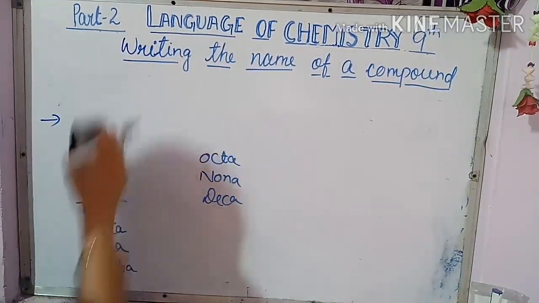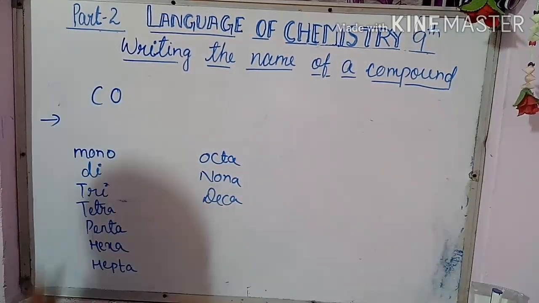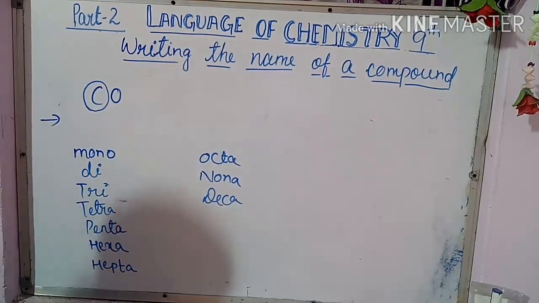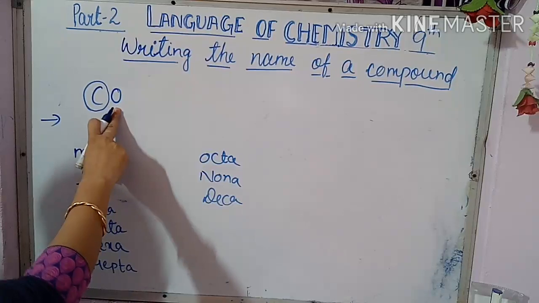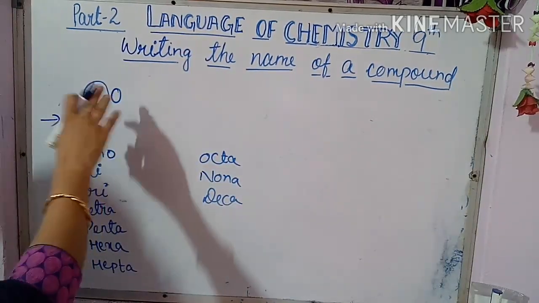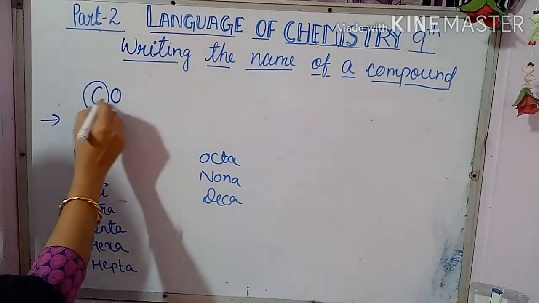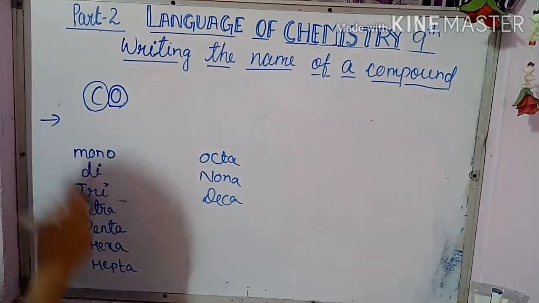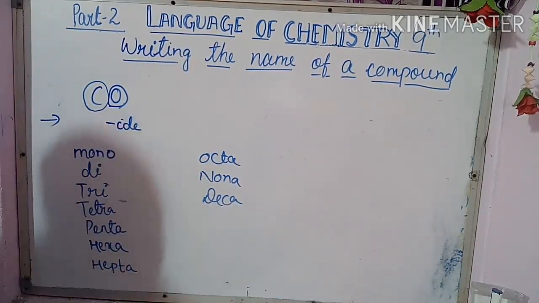Suppose I tell you CO. Here it is carbon. Carbon can combine with 1 oxygen, with 2 oxygen, and so on. In CO, O is single, and as I have told you, if O is the single element, the suffix is IDE.